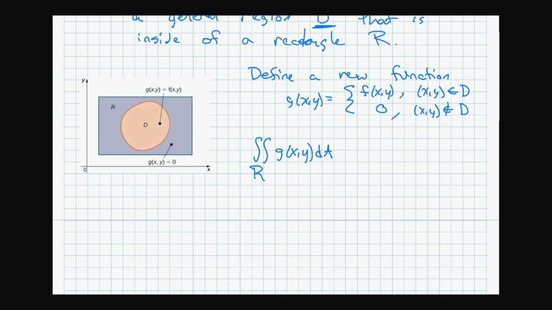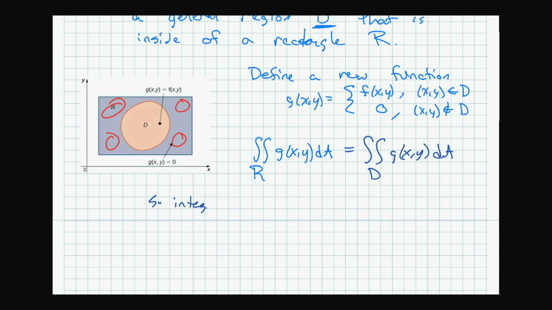But the trick is we're integrating this function over a rectangle, but the function that we're integrating is 0 outside of D. So like inside this region, right? Like this is 0, 0, 0, 0, just 0 everywhere outside D. So that turns out to be the same thing as just integrating over D. And that's actually what the definition of integrating over D is. So since this function is 0 outside of D, integrating over R is the same thing as integrating over D. That's the idea.